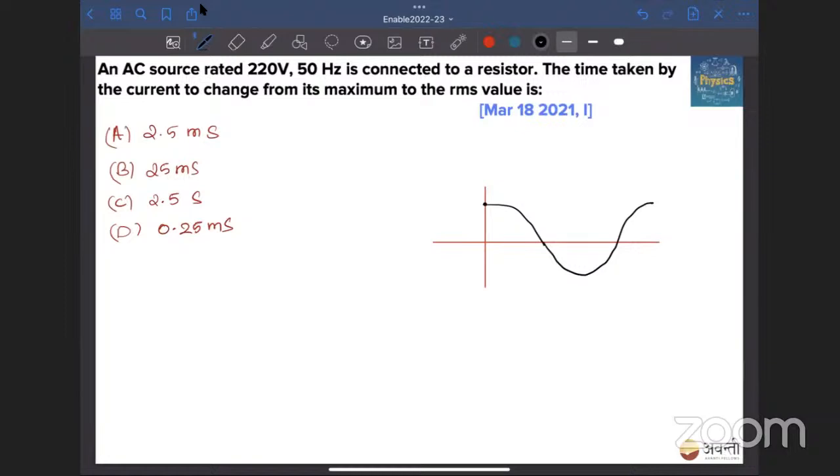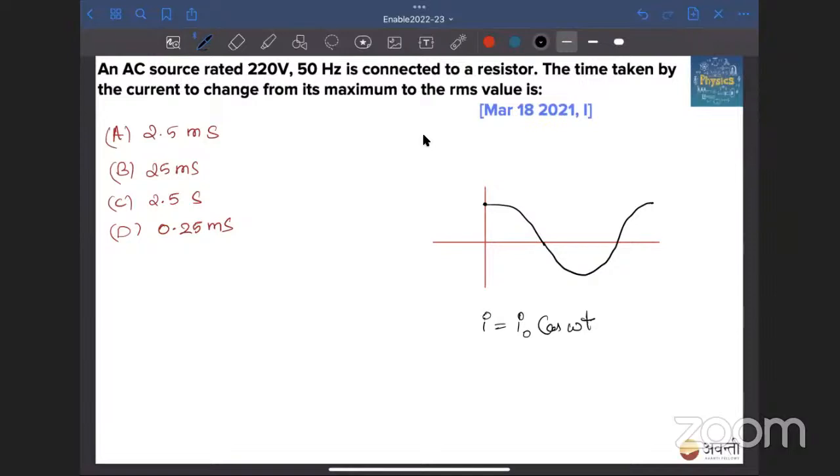Let's say this is which type of graph? Did everyone study in maths? Cos, right? So here let's say the current is I is equal to I naught cos omega t. It is a cos graph. Okay, Rajkot, I think this is the correct answer. Let's check.